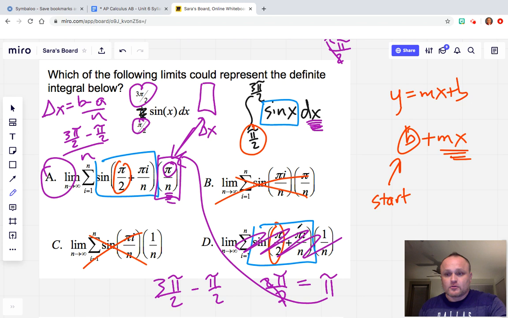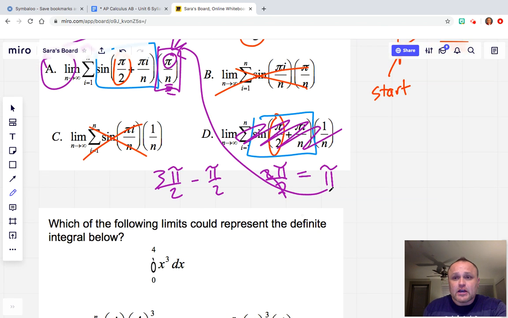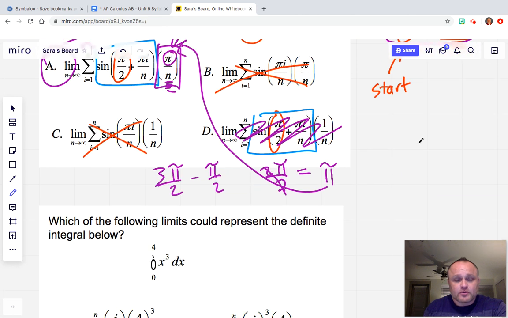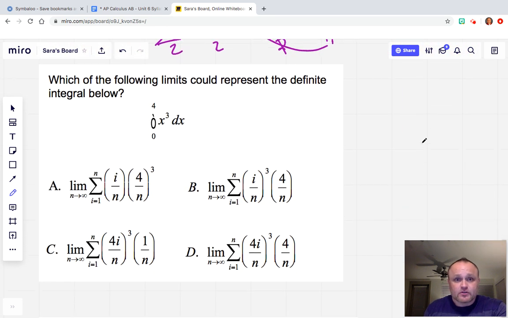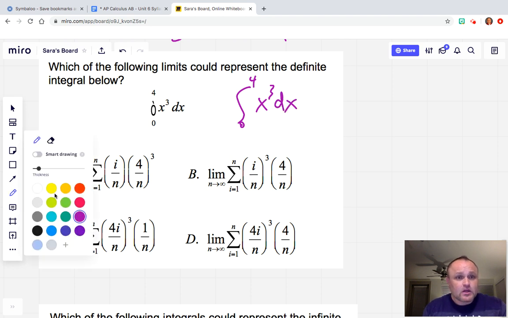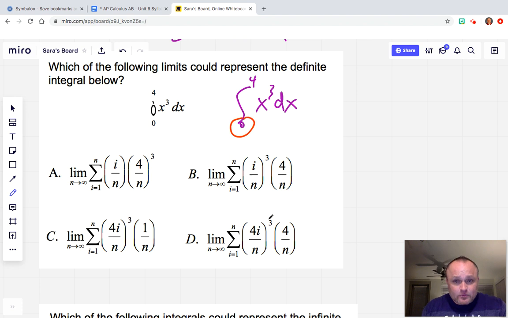All right, so I think we're starting to get this. And it all really ties into this b plus mx that I was showing you of how you can interpret where it starts, okay? Let's look at this one. Again, formatting, this should have been from 0 to 4 of x cubed dx. So let's look at the pattern. We start at 0.